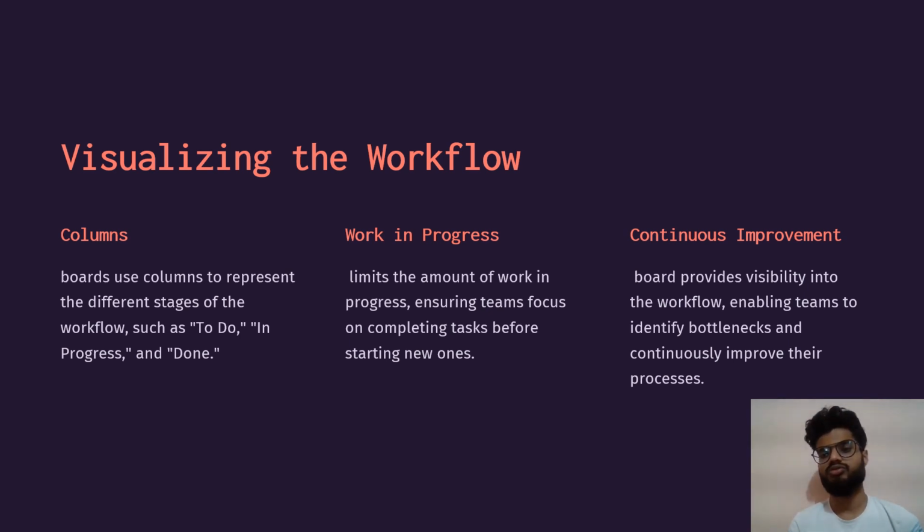Continuous improvement means we need to identify where our product is lagging, in features or bugs. This helps to identify the bottlenecks, the places where everyone is getting stuck, and we can improve them continuously, which helps us improve our processes.